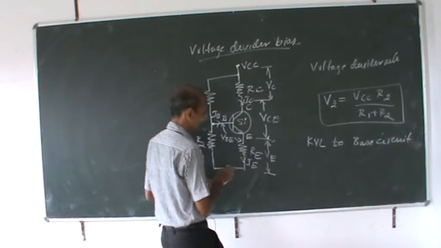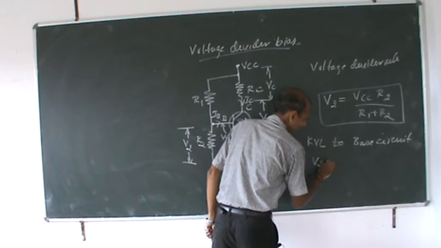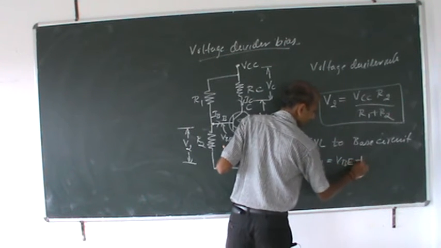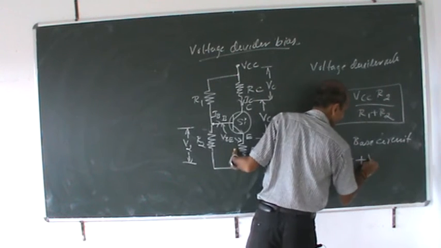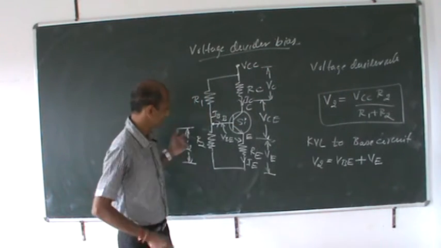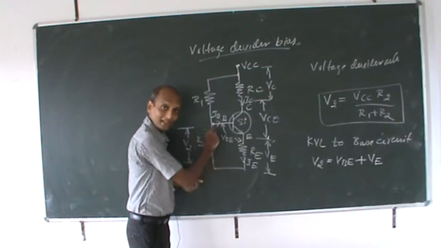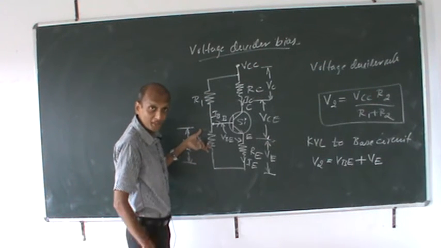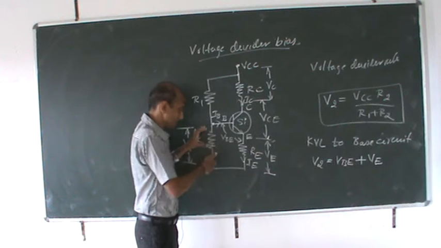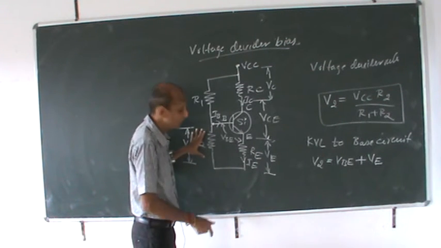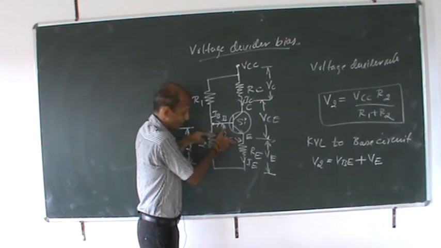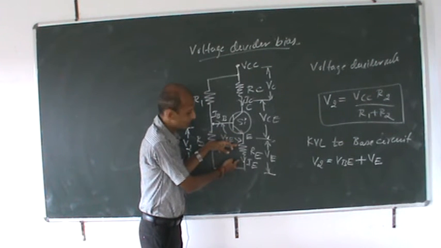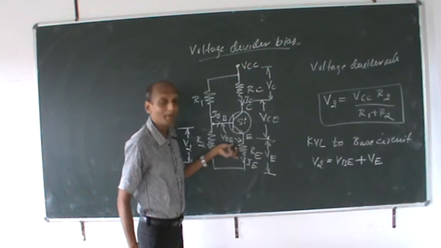So what I can write here is V2 is equal to VBE plus VE. If I apply Kirchhoff's voltage law at this loop, the voltage drop across R2, V2, will be equal to the voltage drop across the base to emitter terminal plus the voltage drop across your emitter resistance, isn't it?